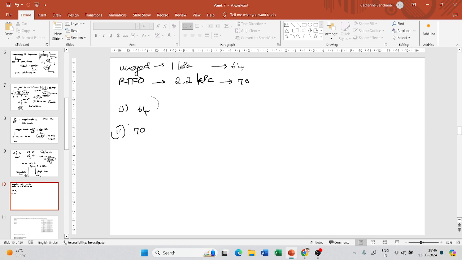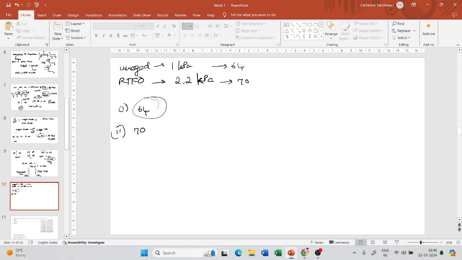Now if he uses it at 70 degrees Celsius, there are chances that the bitumen is prone to rutting. So in order to be on the safer side, you should always pick the lowest value. So for high temperature, we always pick the lowest value, right? So here we pick the PG grade of bitumen to be 64 degrees Celsius, PG 64. Okay, so this is for high temperature PG.